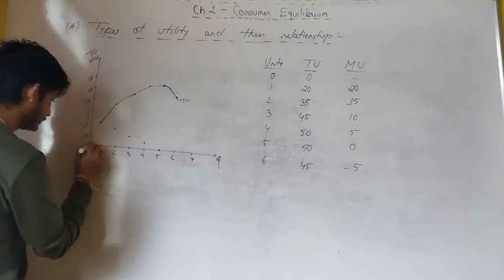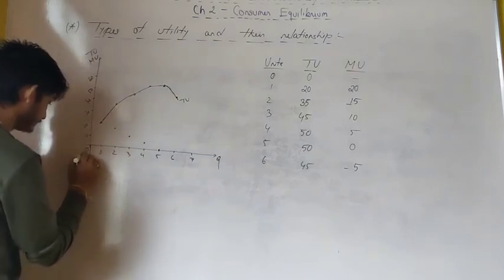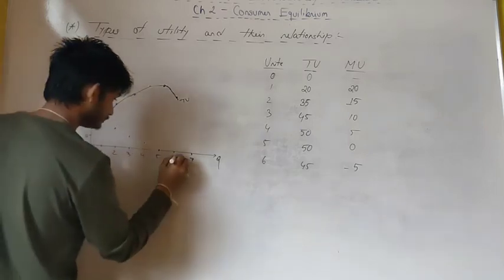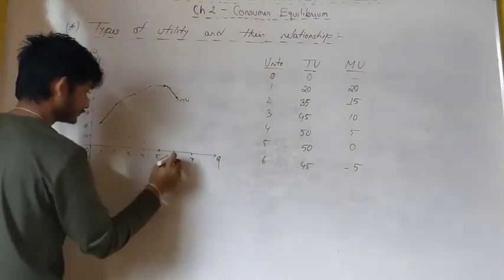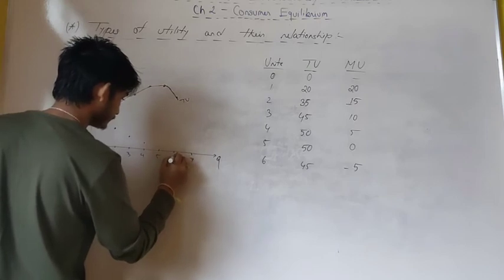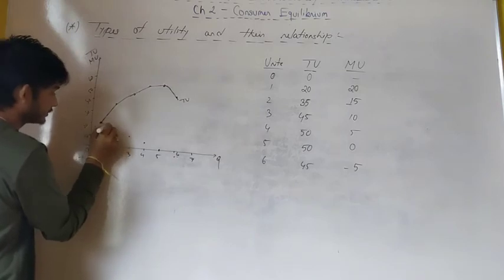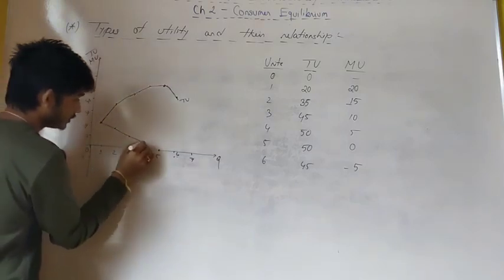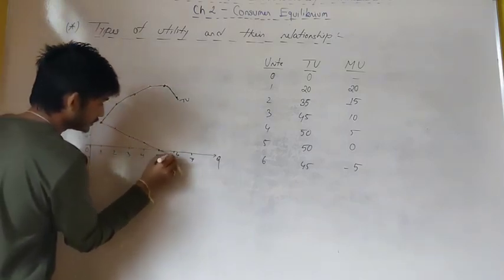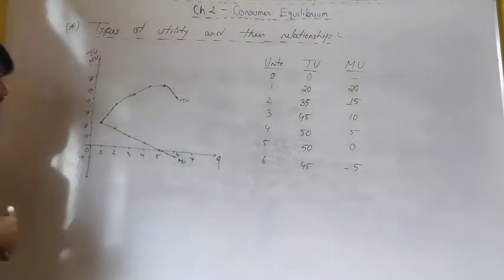We need one negative quadrant also. So let's join up all these points. So this is our MU, marginal utility.